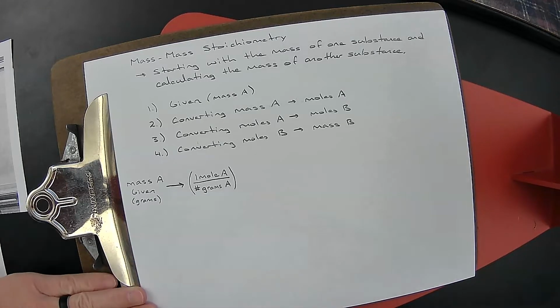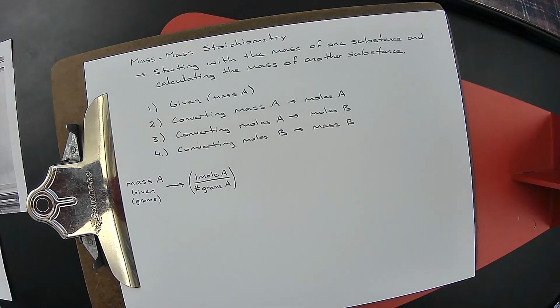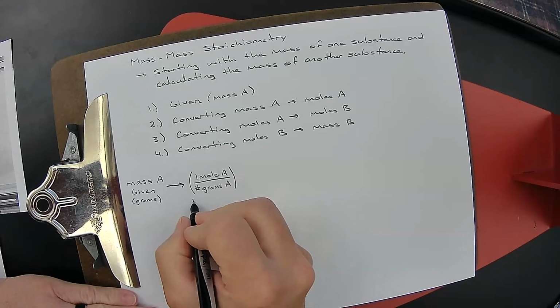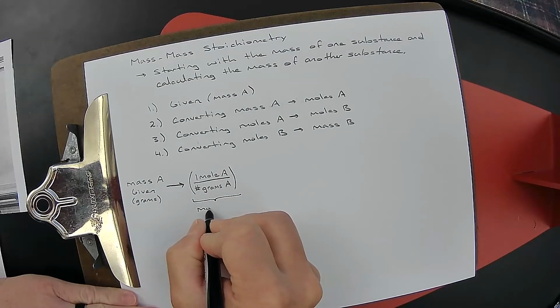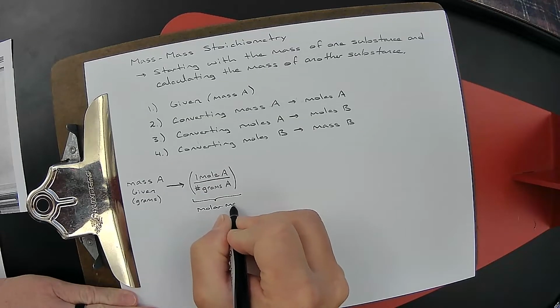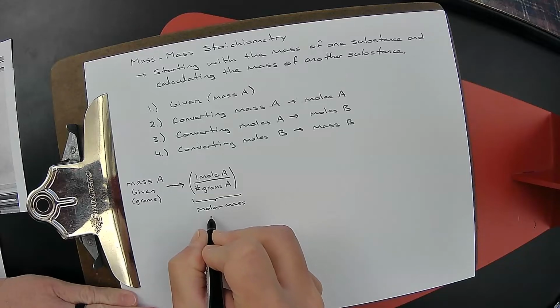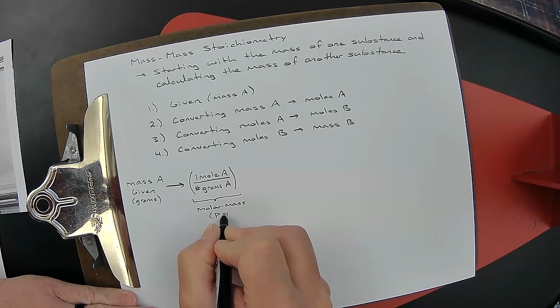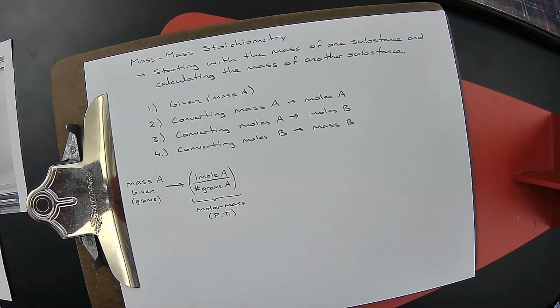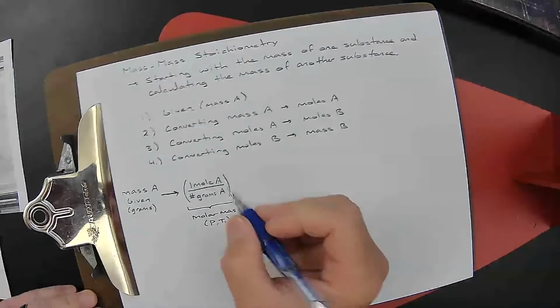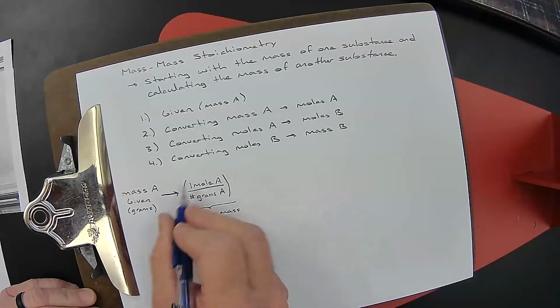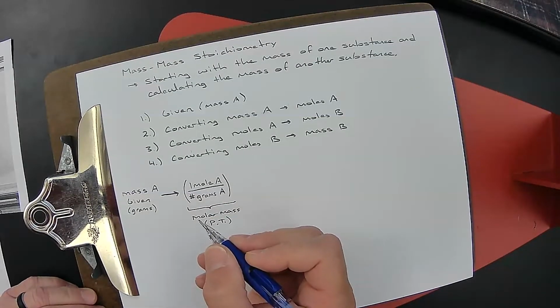This here is the molar mass. We call this the molar mass, and we know that it comes from the periodic table. We look up on the periodic table to be able to find the values. So we're given the mass of A, we write it down, and then that's our first step.